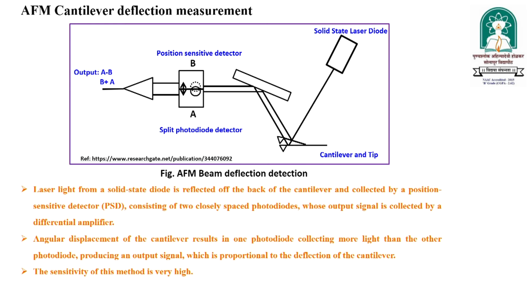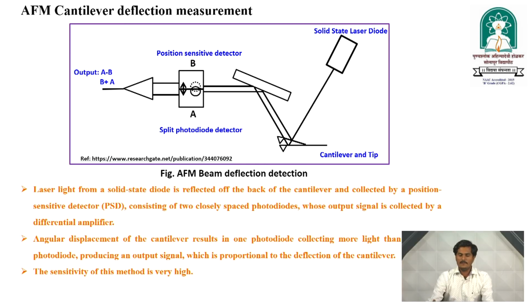In this method, the laser light from a solid state diode is reflected off of the back of the cantilever, and that deflected light is collected by the position sensitive detector, that is PSD. The PSD consists of two closely spaced photodiodes, and the output of the photodiode signal is collected by the differential amplifier.